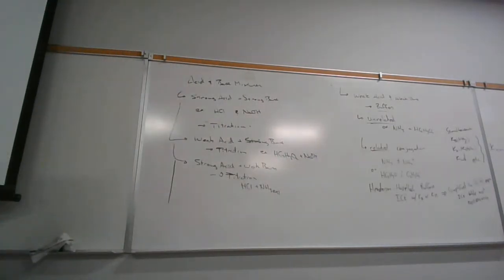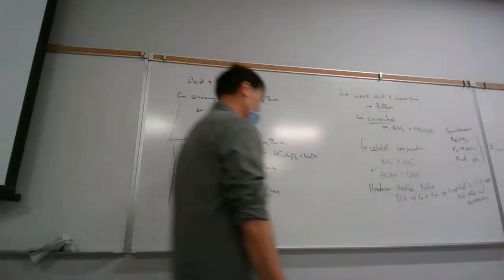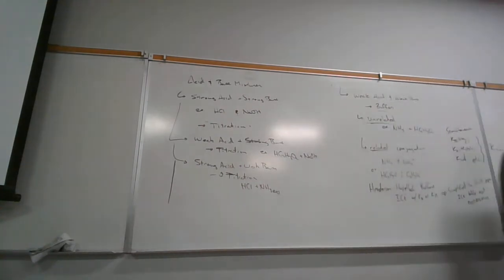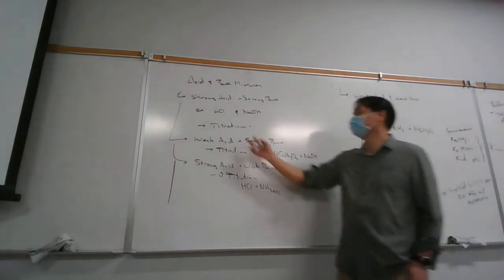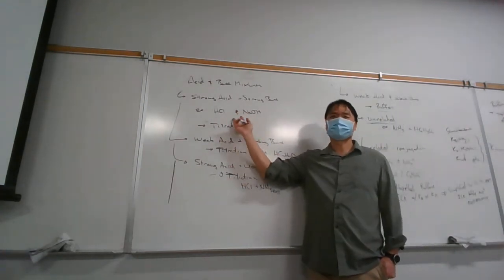But the reason it's called a buffer is because of this. Buffers are a stable mixture of acid and base. If I have something like HCl and NaOH, this is not a stable mixture of acid and base.